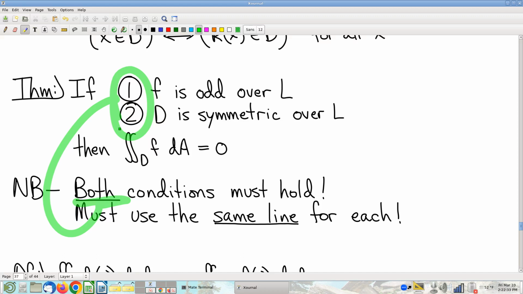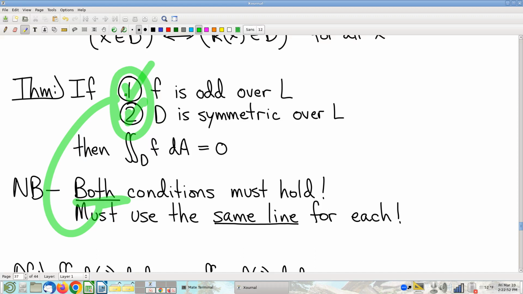And it's not true. You need both conditions to hold. It's not enough for the domain to be symmetric. You must also have that the integrand, f, must be odd. Gotta be. So, very careful. Make sure to check both of these conditions.